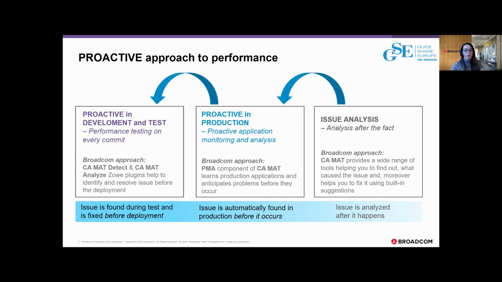Then another level is being proactive in production. You can have an active application performance monitor, not just a system monitor, which would learn the application under test and alert you whenever the application starts to misbehave, so you can look and address the issue before the impact grows.